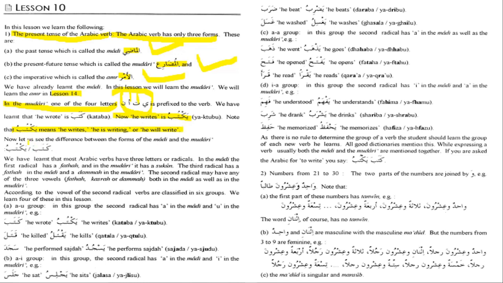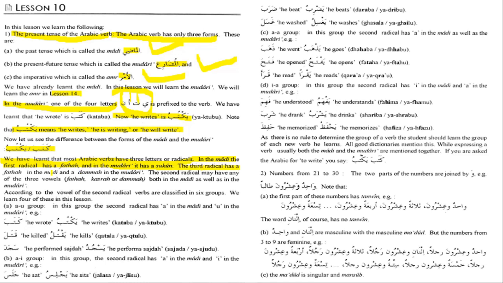Now let us look at the differences between the forms of the madi and the mudari': kataba, yaktubu. We have learned that most Arabic verbs have three letters, or three radicals. In the madi, the first radical, the fa' kalima, has a fatha, and in the mudari' it has a sukun.